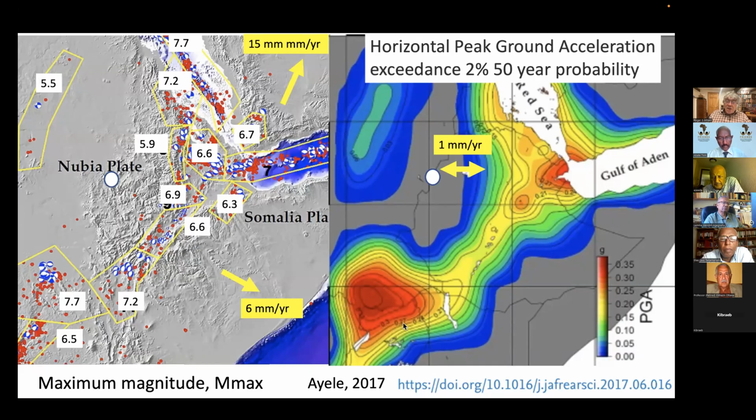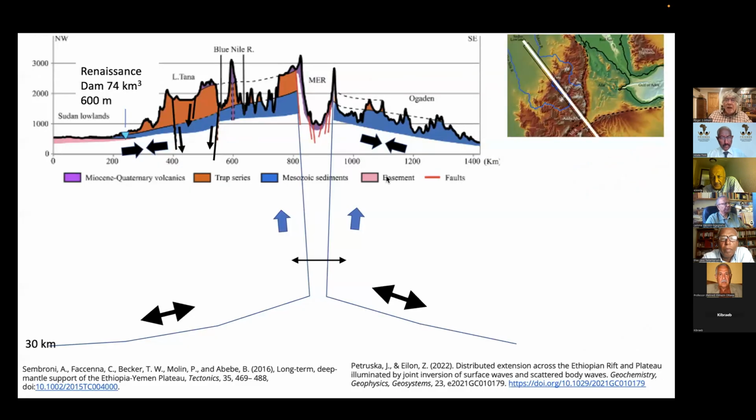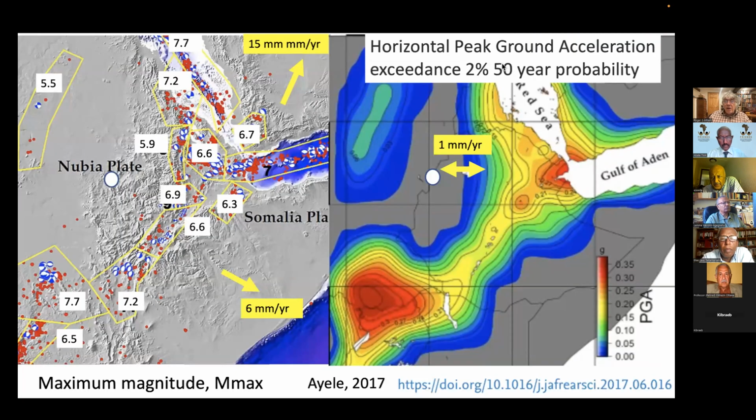And this is a hazard map that shows the probability of exceedance of a given earthquake in a 50-year period. Well, actually not for a given earthquake, but a given acceleration in any region.